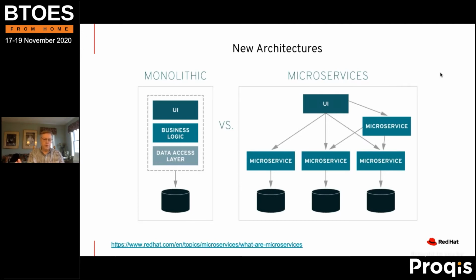You've got a user interface, you've got business logic, you've got databases, and everything is bound together and deployed as a single unit. This is often what we refer to as a monolithic application. The downside of this type of approach is that these applications tend to be very large, very difficult to understand, and very difficult to change. Any minor change requires you to redeploy the entire application, which can be a very significant process.